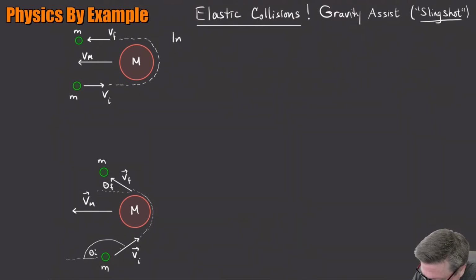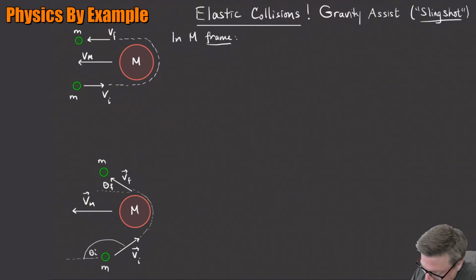In the M frame, how do we get into that frame? Well, M is moving to the left with a speed Vm. So we're going to add a speed to the right, V big M, because that's going to take that speed away and make the big M speed 0.